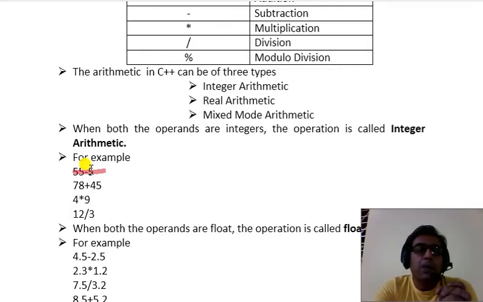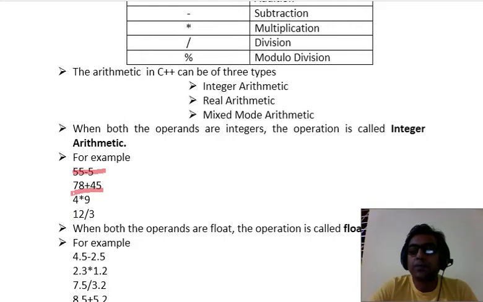Similarly, in second example, I am adding two numbers 78 plus 45, and both the numbers are of integer types. In last lecture I taught you integer numbers means those numbers in which decimal points are not allowed. So here both the numbers are integer numbers, and if we add these numbers, obviously the result will also be integer, and this kind of operation is called as integer arithmetic operation.